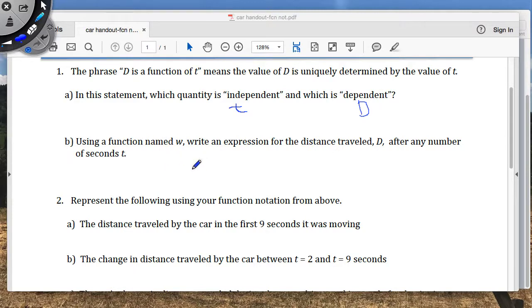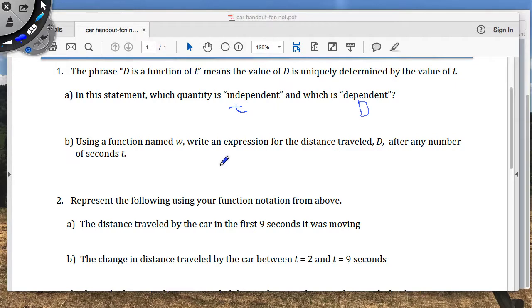Using a function named W, write an expression for the distance traveled, D, after any number of seconds, T. So how would I write that? Just define this function, not a rule with computations, but just using the symbols.